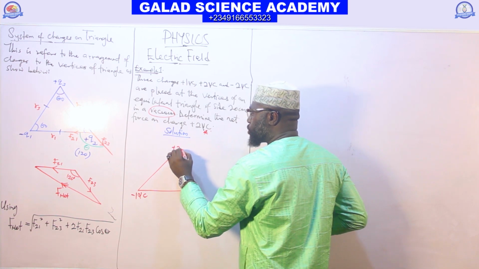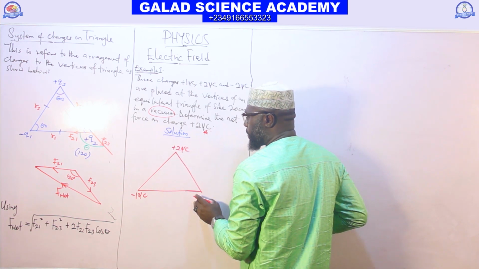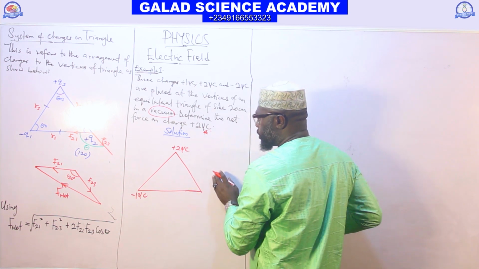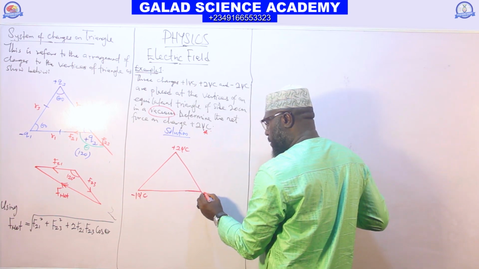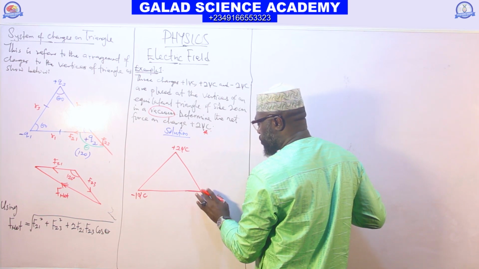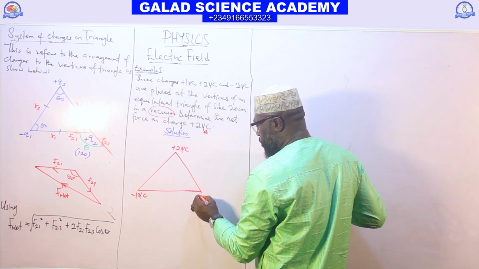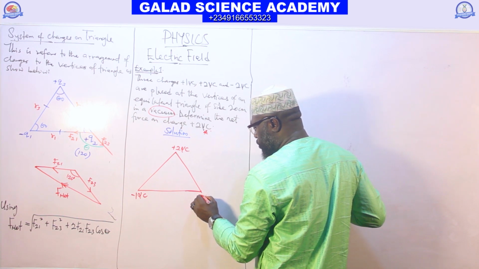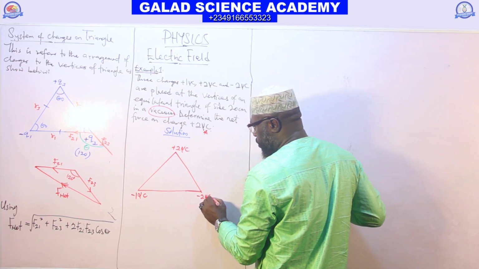We have plus 2 microcoulomb. And the third one, we have minus 2 microcoulomb.